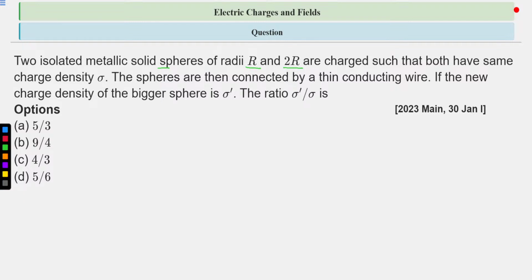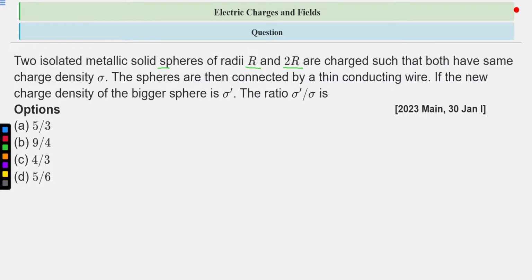The spheres are then connected by a thin conductive wire. If the new charge density of the bigger sphere is sigma prime, the ratio sigma prime by sigma is. And your options are 5 by 3, 9 by 4, 4 by 3, and 5 by 6.